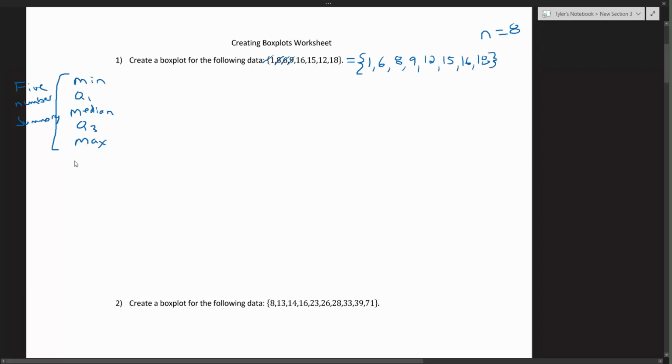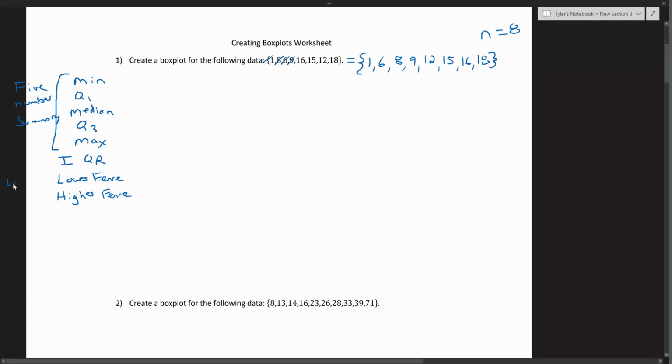And then we're also going to want to find the interquartile range, the lower fence, and this is sometimes what I refer to as the left limit, right? So that's the same idea. Then we have the higher fence, which sometimes I refer to as the right limit, right?